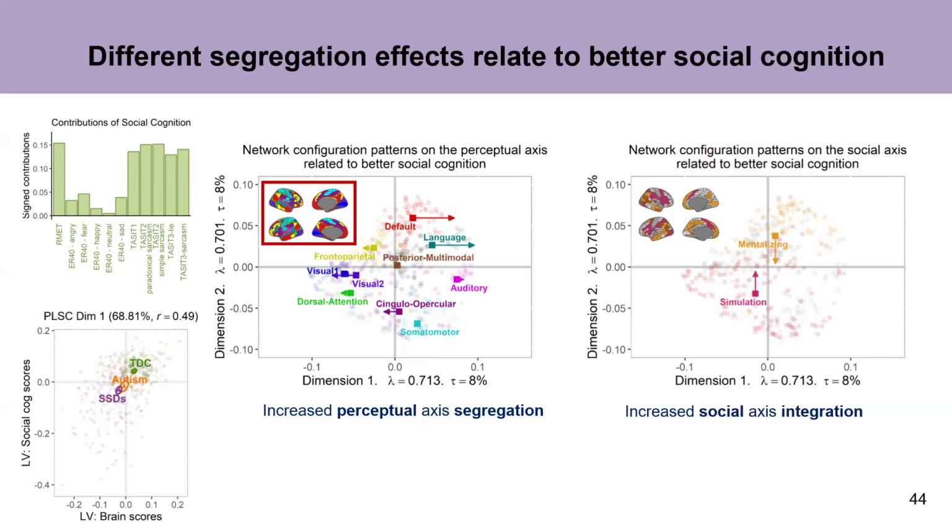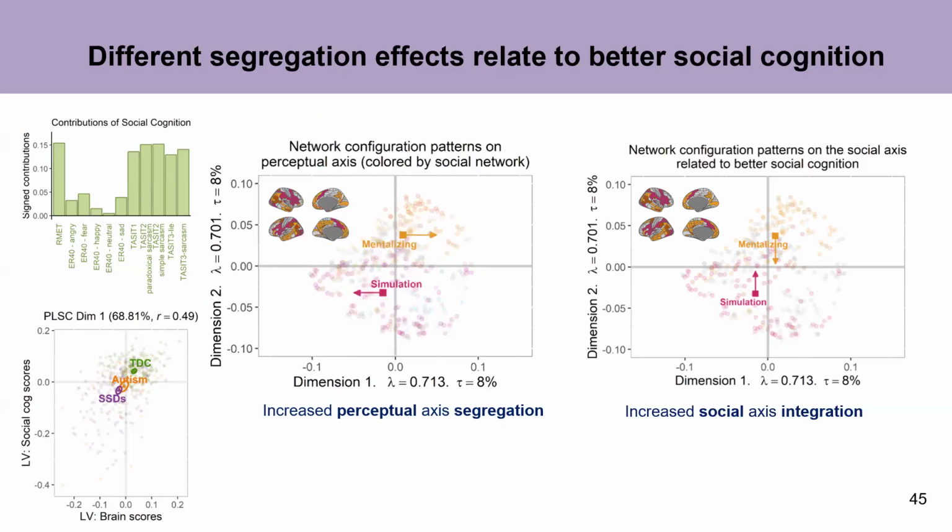What is interesting is that if I go back to my perceptual axis and actually color the brain regions according to the social networks instead, I would see this pattern. And if I did not do a dimension reduction, if I did not take a dimensional approach, I might say that I found increased social network segregation.